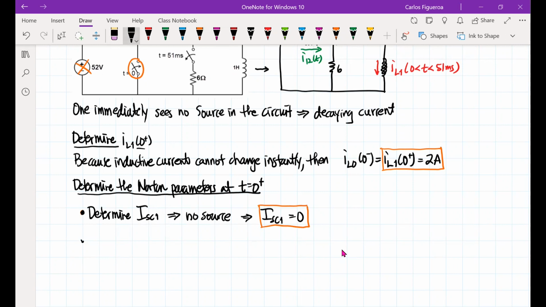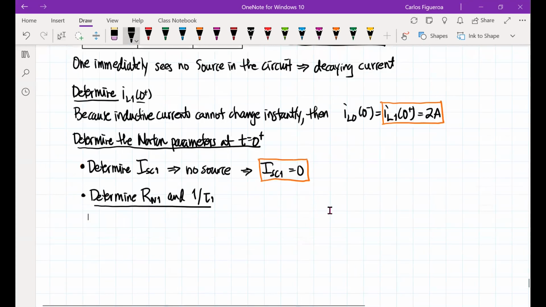Then the next thing that we want to determine is the Norton resistance Rn1 and 1 over tau 1. So let's go do that. If I look at the circuit, what am I seeing here? Well, if I remove the load, then I have this resistor.